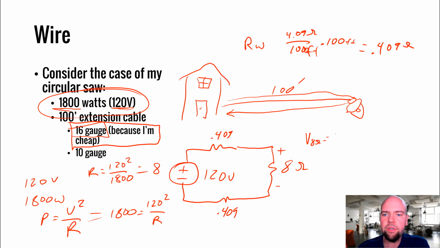The voltage across the 8 ohm is going to be the total voltage times 8 ohms divided by 8 plus 2 times 0.409.